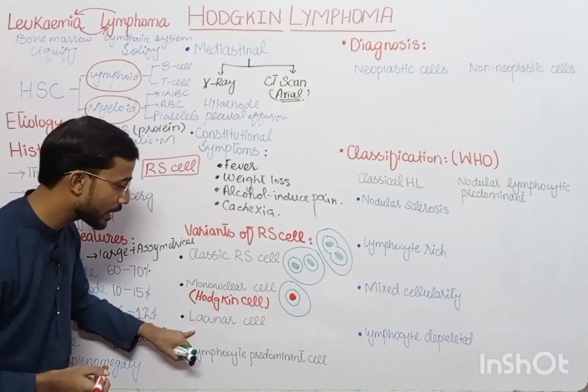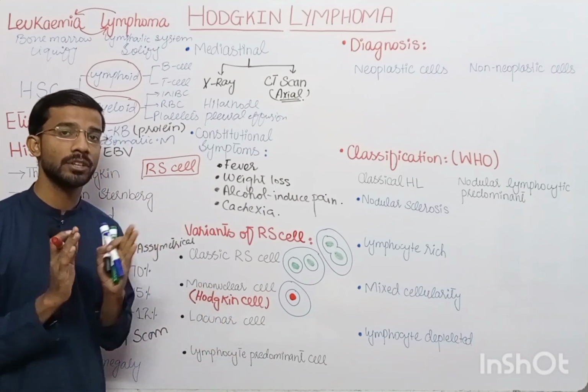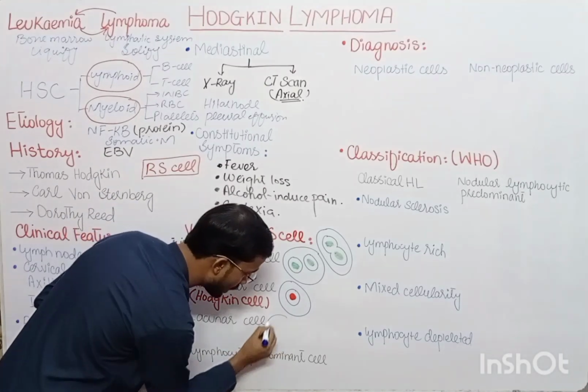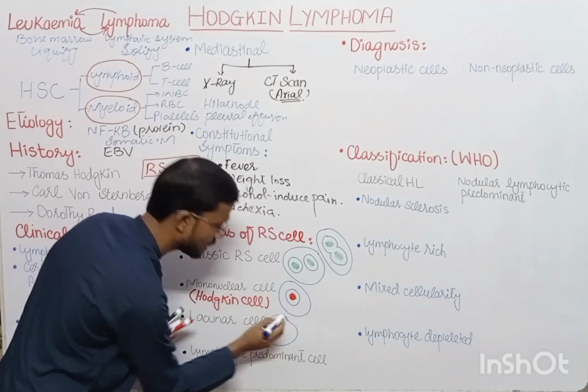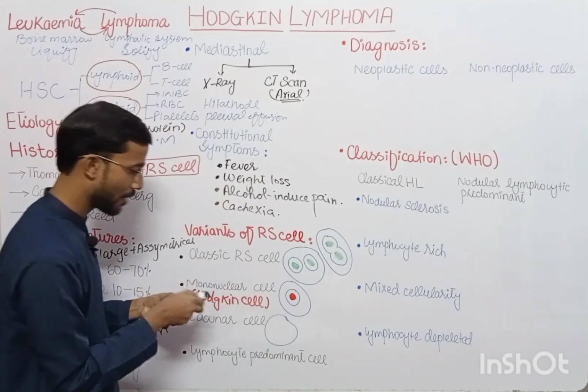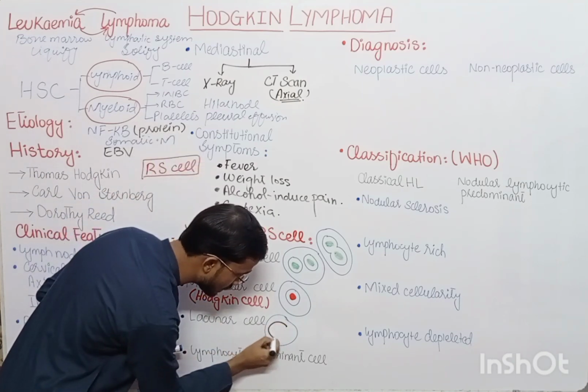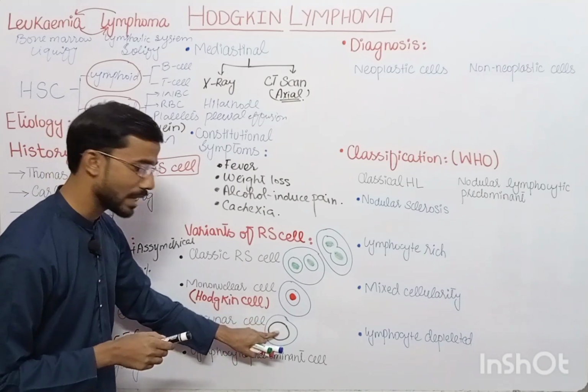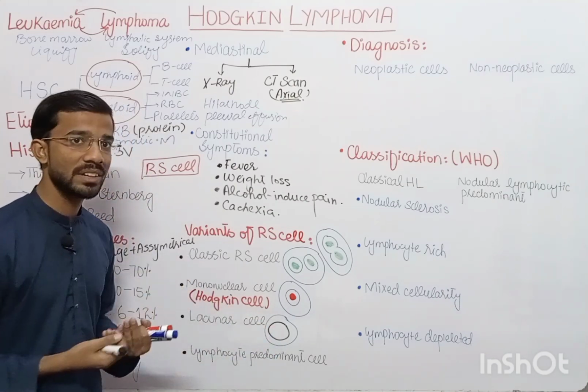Next is the lacunar cell. Lacuna means cavity or space. Here is a cell having a cavity at the center. Why is the cavity produced?